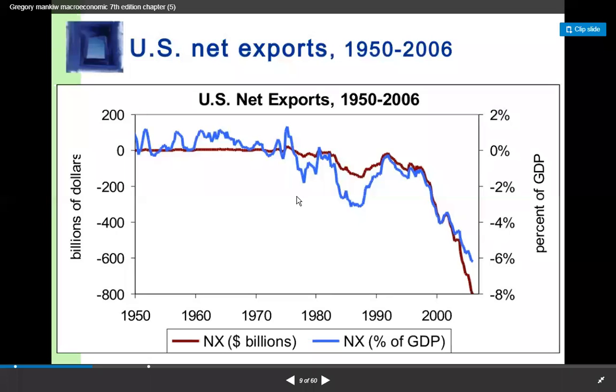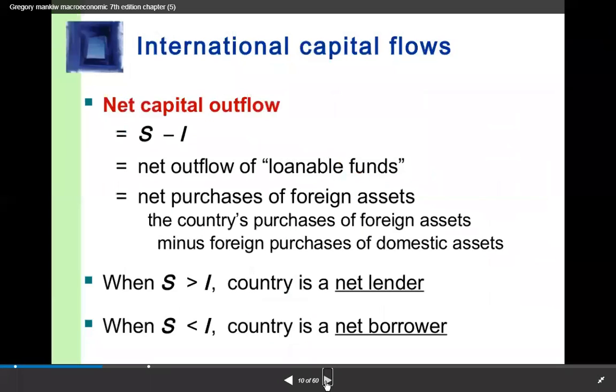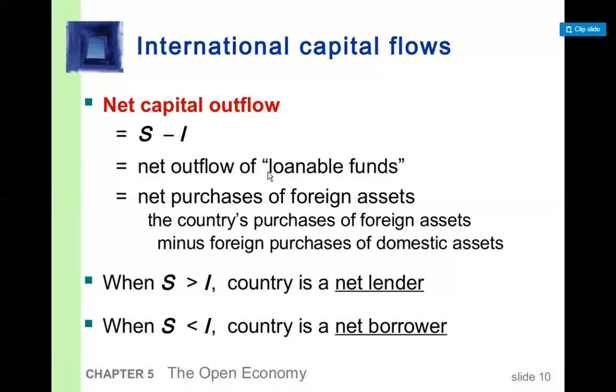Both are declining. It means that net exports and net export to GDP ratios are declining over the time 1950 to 2006. Getting the point? So the next concept is the net capital outflow.